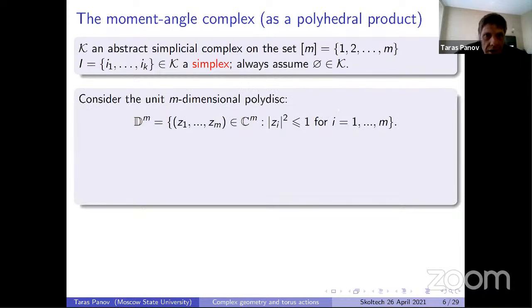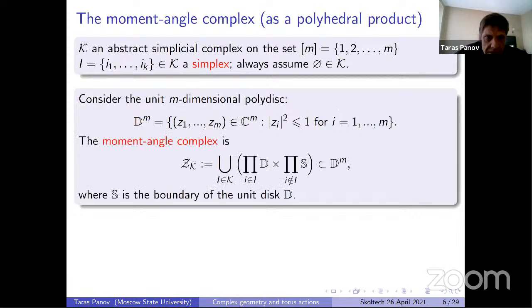And now we look at the m-dimensional polydisk in complex space, and we define what's called the moment angle complex. It's the same moment angle, but so far the definition is very different, but it will be the same, as I'll explain soon. So just write down the following subset in your complex polydisk.